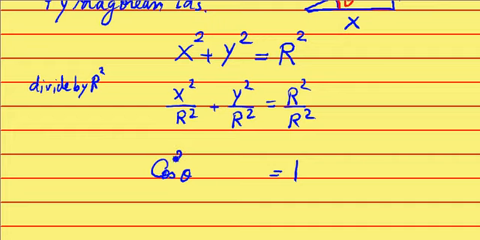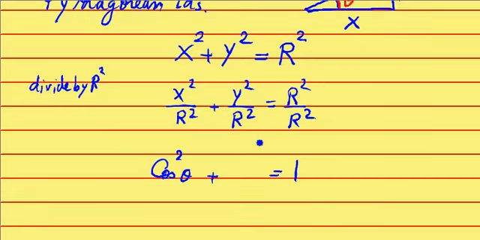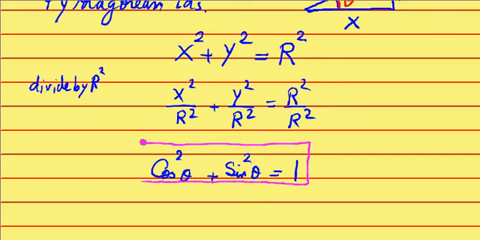Since I'm squaring, I'll be squaring. Who's y over r? Opposite over hypotenuse. That is going to be your sine, which is being squared here. So here's our famous first formula: sine squared plus cosine squared is equal to 1. Now, once you have one of these identities, you can always make quite a few other ones out of it.